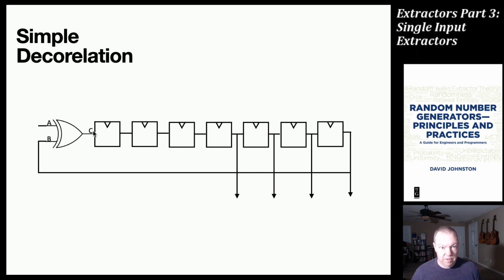And when the clock fires, the data on the input gets passed to the output. So it acts like a delay line or a shift line, where the data coming in each clock period gets shifted from here to here to here. So this delay line is filling up with bits coming in through the exclusive OR. The data is coming out the other end and being fed in here.